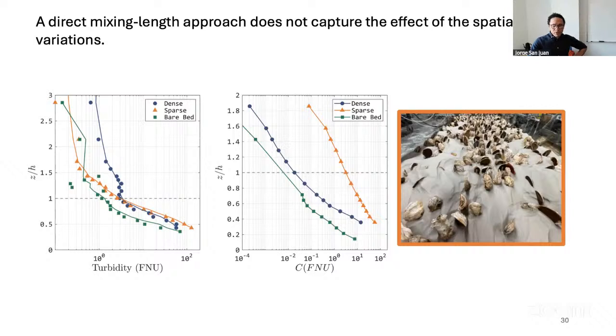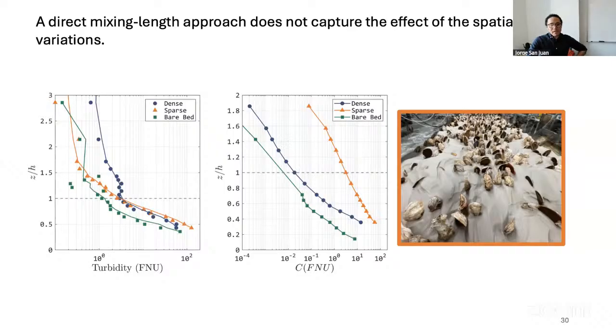So if we use this mixing length approximation and we solve for a theoretical sediment concentration, we can compare, on the left, the actual turbidity that was measured, and on the right, the theoretical concentration if you were to use the mixing length.